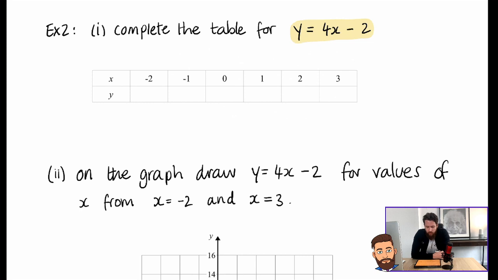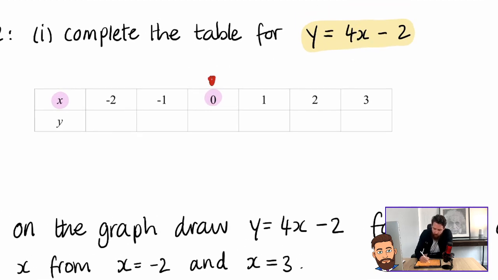So this is how I would normally do it. I always start with 0 because it's the easiest one to substitute in. If x is 0, what would y be? Well, let's substitute it in. You're always going to have to do some sort of substitution. When x is 0, that says y equals 4 lots of x.